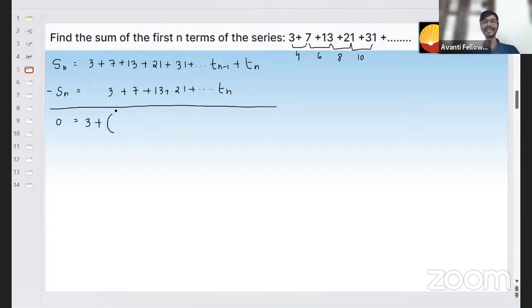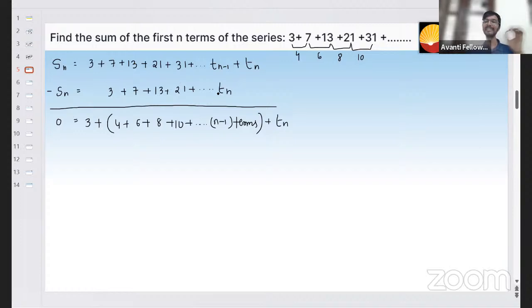This will now be an AP. So 4 plus 6 plus 8 plus 10 up to n minus 1 terms it will be. How many terms? N minus 1. Why n minus 1 terms? Because as you can see, nth term is here, first term is here.